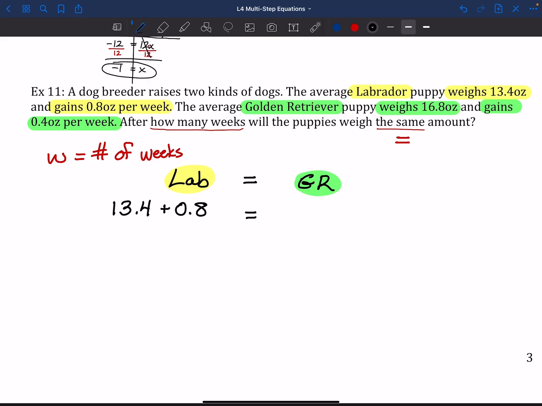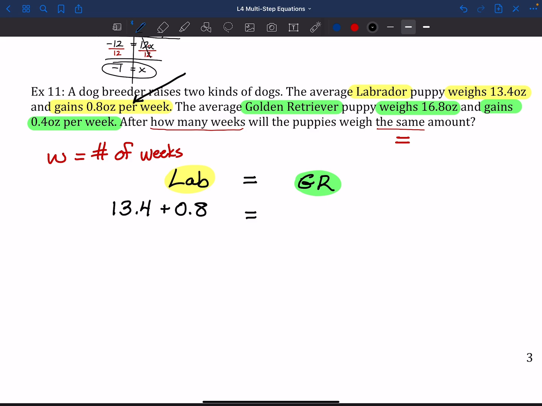So the way that we can talk about all these different situations at the same time is we can use our variable, right? So the key word here in the word problem is the word per. That's telling me that I have a rate at which it's changing, right? So it's gaining 0.8 ounces per week, right? So each and every week we're going to add on 0.8.